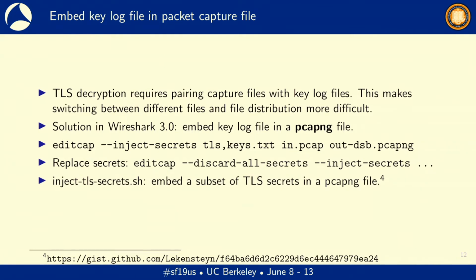As a convention, I generally add a DSB suffix to it. DSB stands for decryption secrets block, which is the technical thing that enables this functionality in the pcapng file. And I highlight pcapng because this is very specific to pcapng. It's not supported by the libpcap format or other vendor-specific formats.